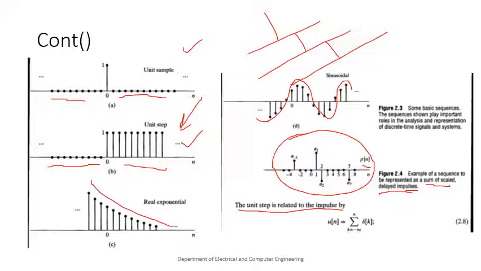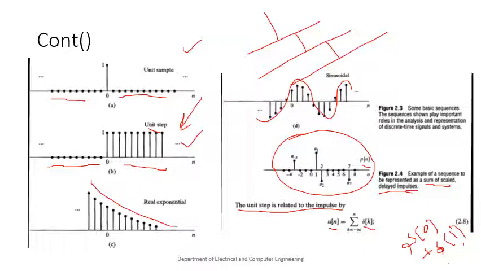So this is what is happening here. We can obtain this unit step U of n by adding delta of k. If we have delta of 0, we add it with delta of 1, we add it with delta of 2, and so on, we can get U of n.